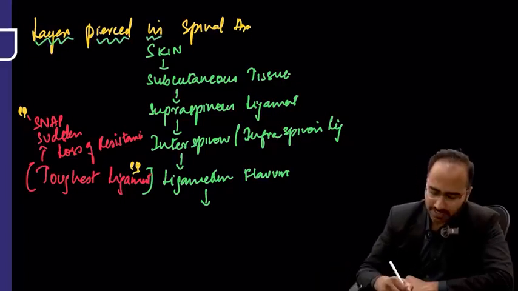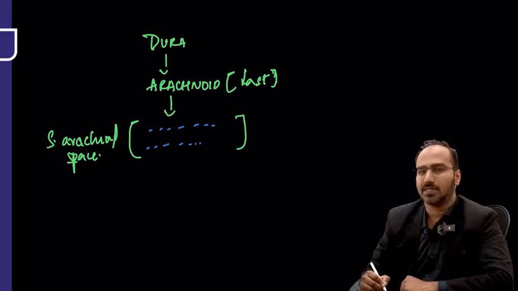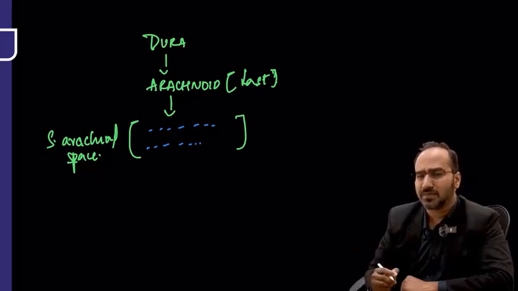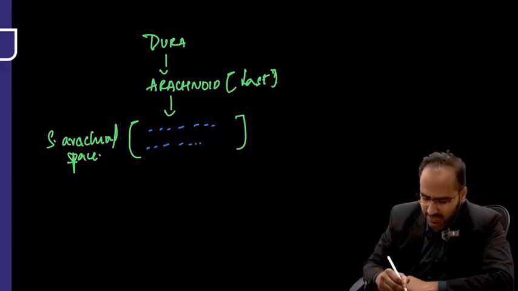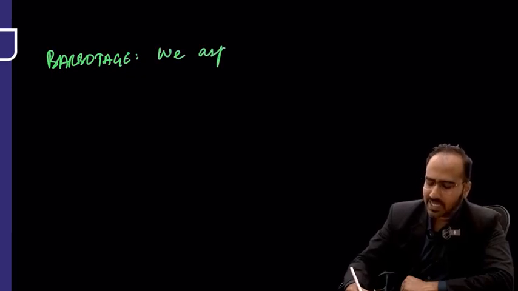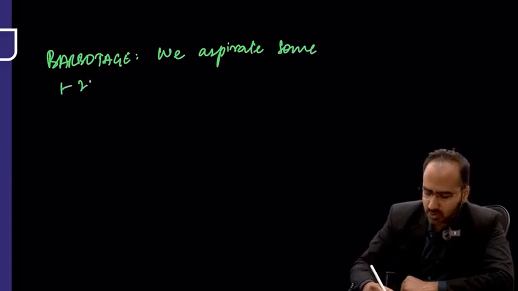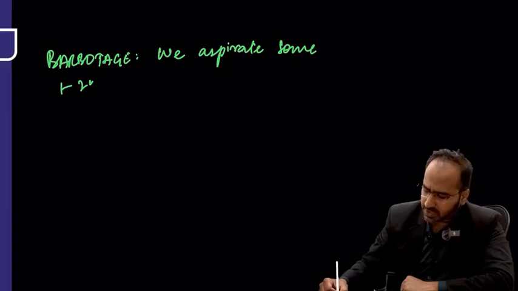So once you are in the subarachnoid space, what do we do? We aspirate some CSF back into the syringe. Aspiration of CSF back into the syringe is called barbotage.